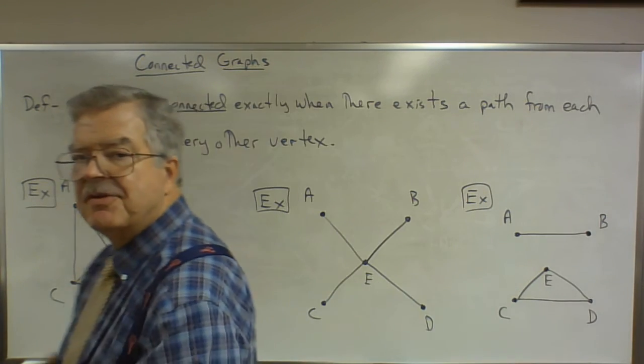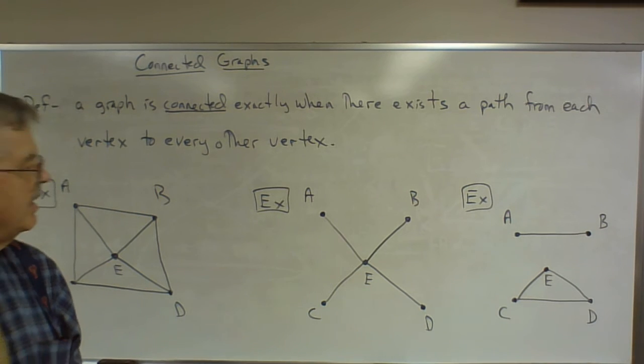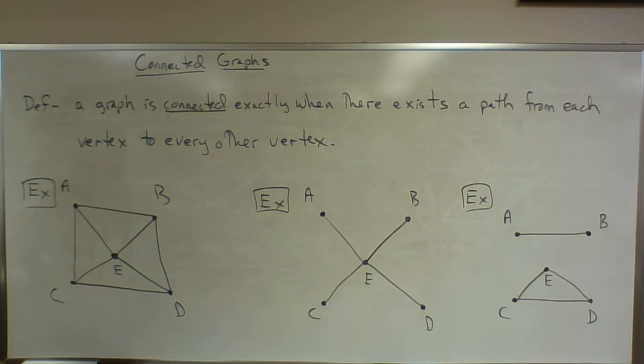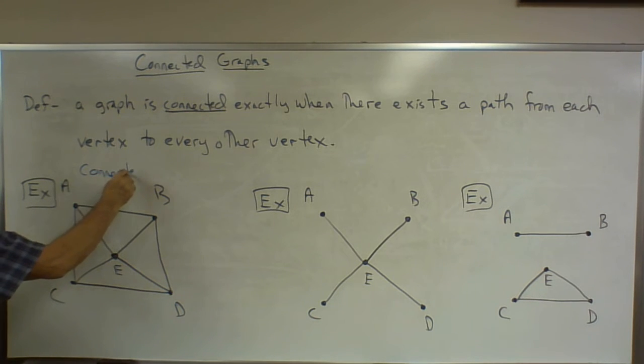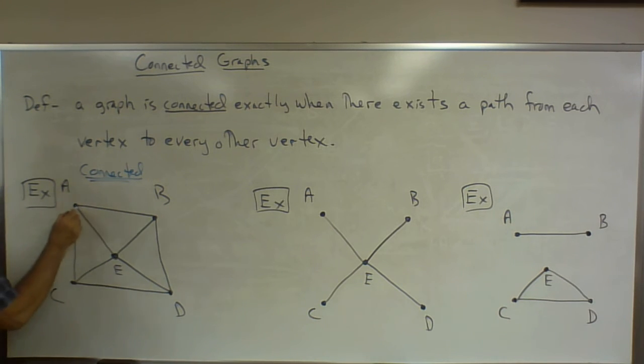What about this first graph here? Oh my goodness, this is about as connected as a graph can possibly be. Pick two vertices, A and D. Okay, here's our path.